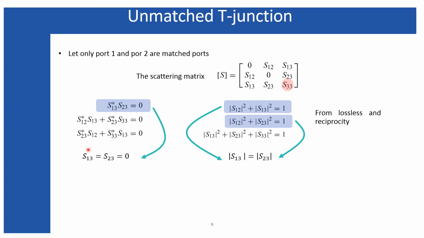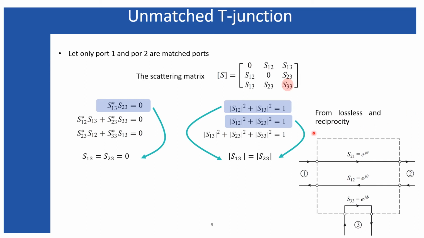Therefore, these conditions that I just got state that when you are exciting port 3, we cannot have the output power from either port 1 or port 2, because S13 and S23 are equal to 0 in order to satisfy that S13 is equal to S23.